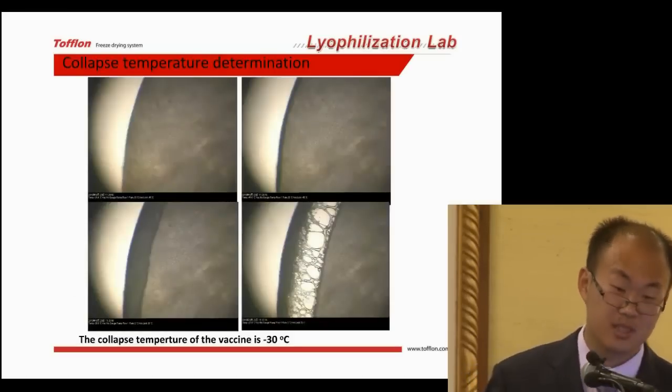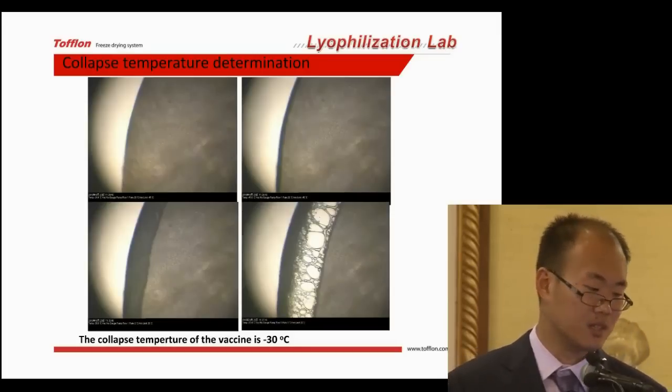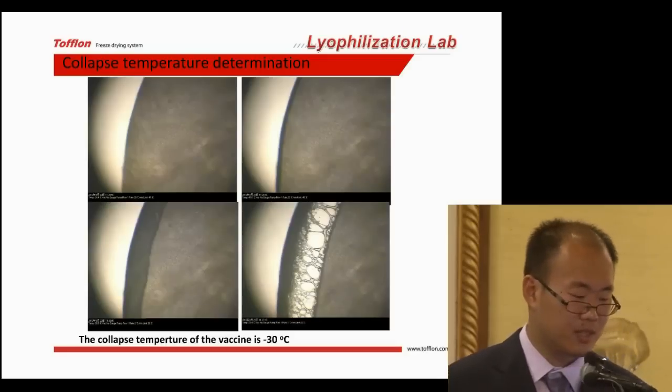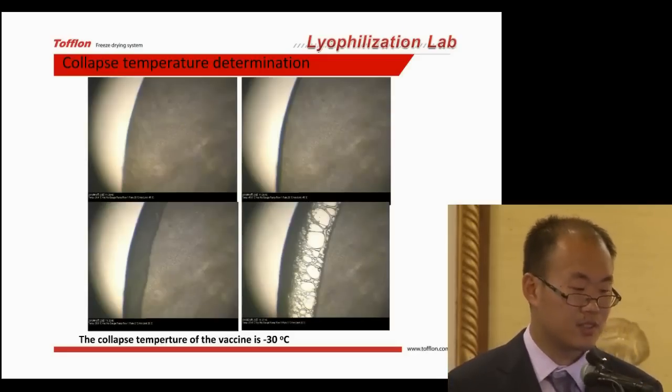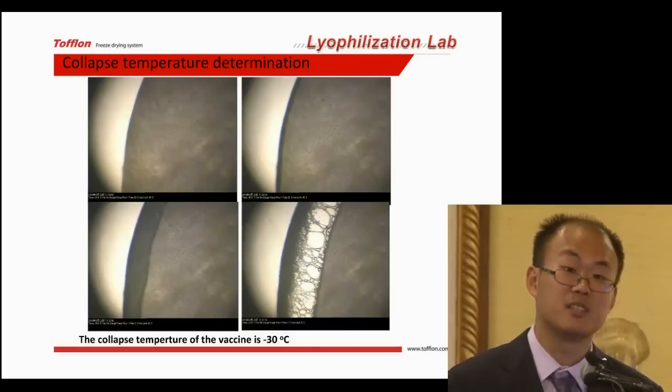But also, this is a special case. Not all of these problems are dealt with by slow cooling. Now, this first picture is a collapse temperature determination picture. The collapse temperature is minus 30 degrees.